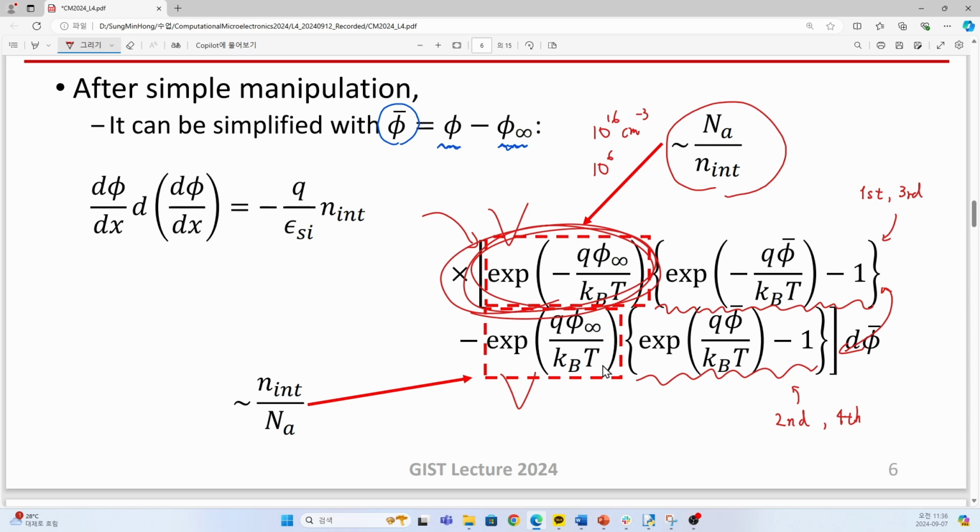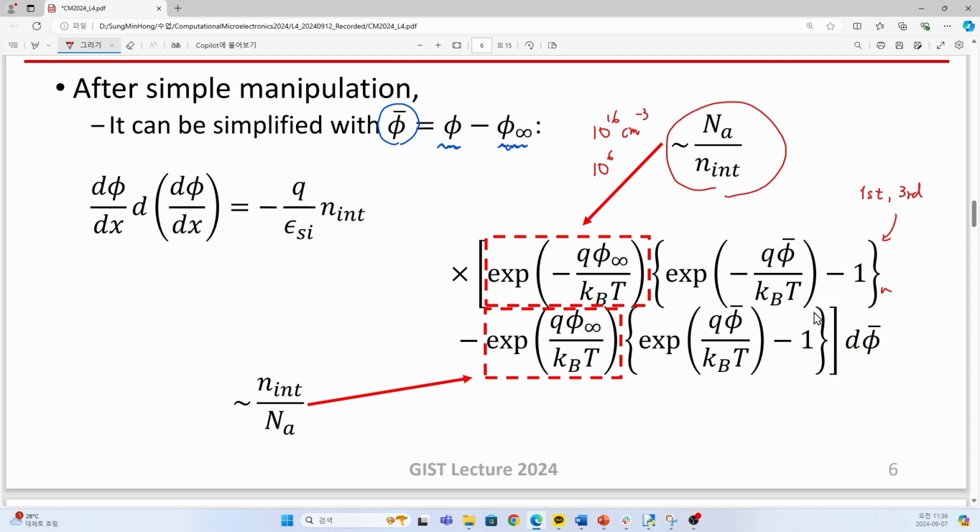However, if we have quite a large contribution from this second curly bracket term, then although we have a relatively small leading coefficient, that can be overcome by this expression, because it is related with the exponential term. Okay, so I will explain it a little bit later.